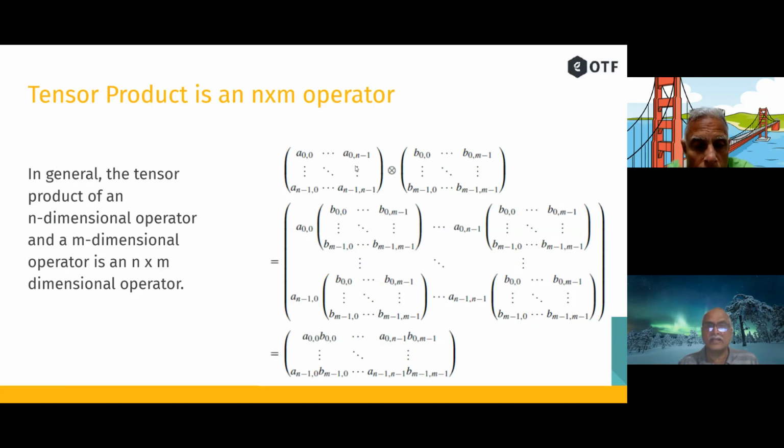So this is your n-dimensional operator multiplied by an m-dimensional operator, rather not multiplied by, it is a tensor. That is the same as evaluating this entire thing, and then you get all combinations and a huge super matrix of these values. Okay, so this is exactly what we spoke earlier on. So you can generalize this to any dimension.